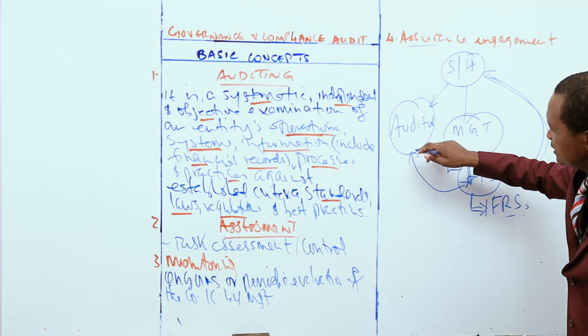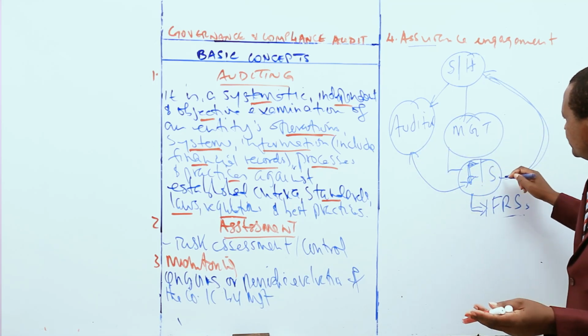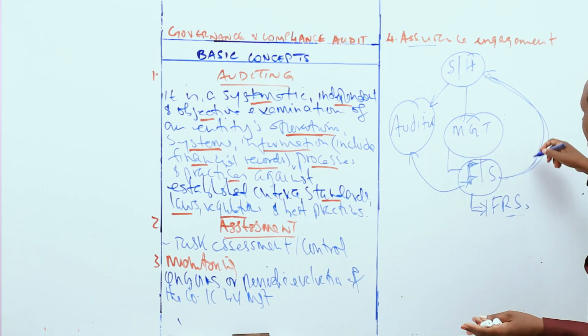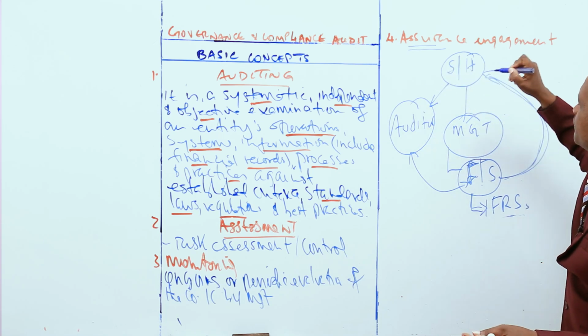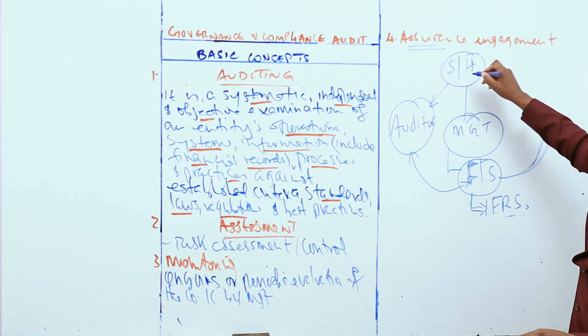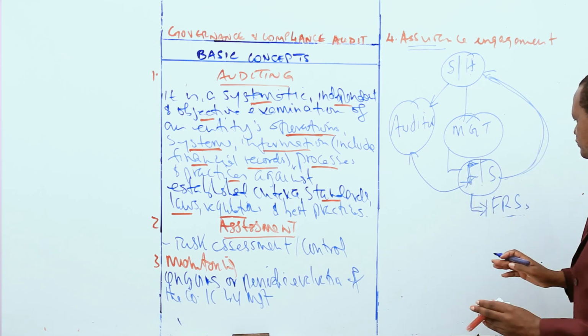By stating that the financial statements are prepared in accordance with an applicable framework, the auditor is providing confidence to the shareholders that the financial statements portray a true and fair view.